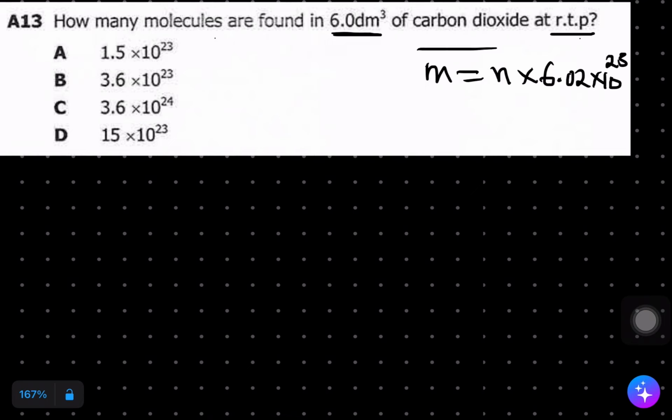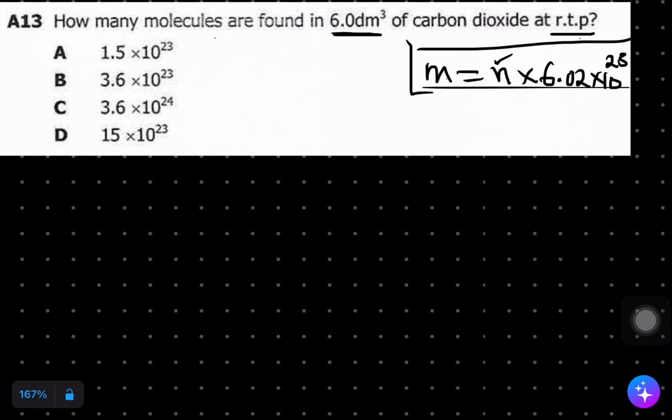First we find how many moles are present.